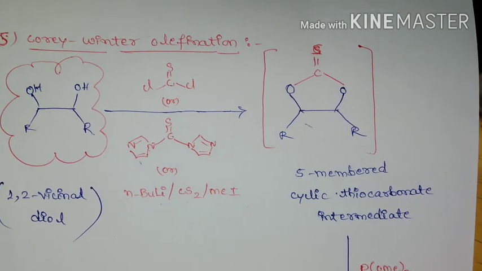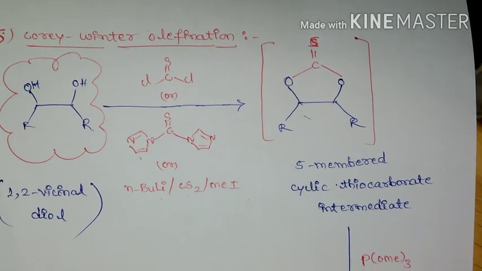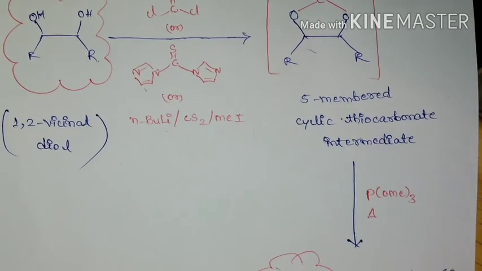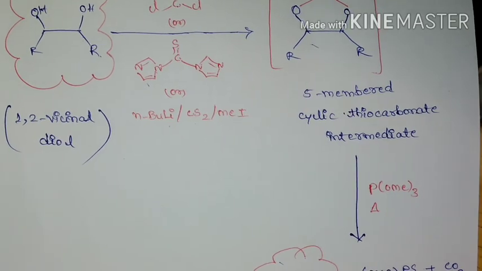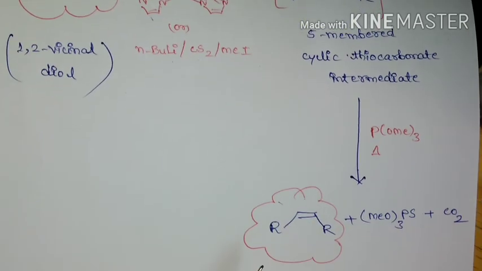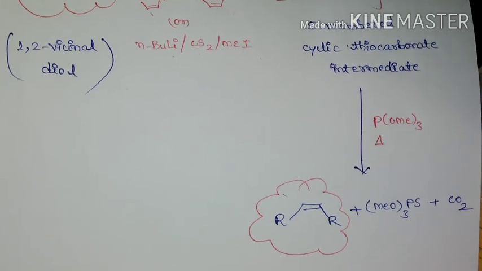This cyclic thiocarbonate intermediate, if reacted with trimethyl phosphite under thermal condition, leads to the formation of olefin.